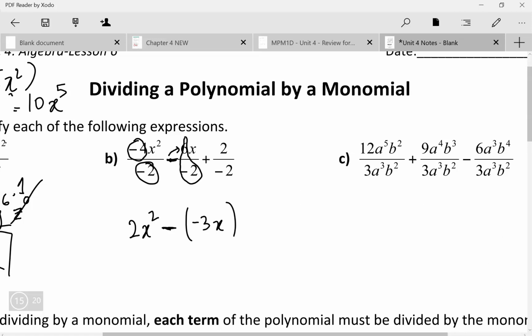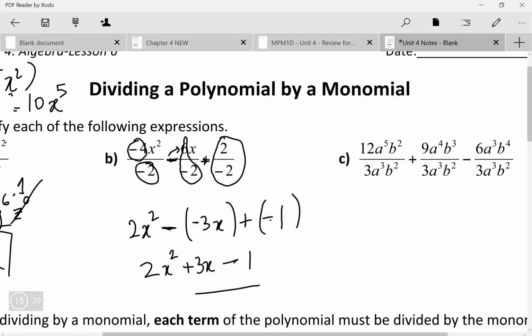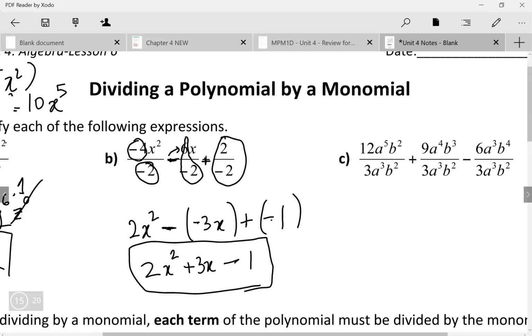And now negative times negative is going to give us a positive. So that's plus 3x, but we haven't finished. We have a plus 2 divided by negative 2, which gives us negative 1, and plus negative 1 is the same as writing minus 1. So this is our final answer.